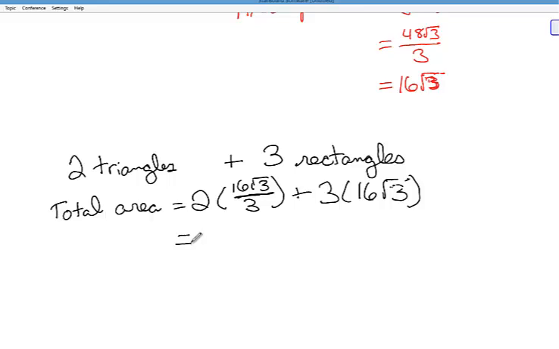So this is going to give me 32 times the square root of 3 divided by 3 plus 48 times the square root of 3.